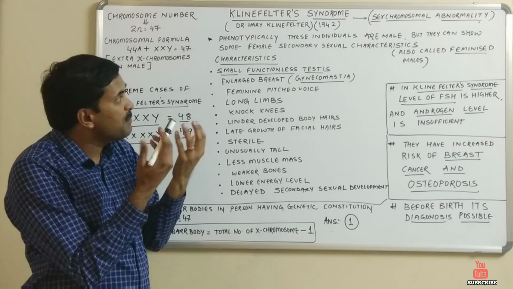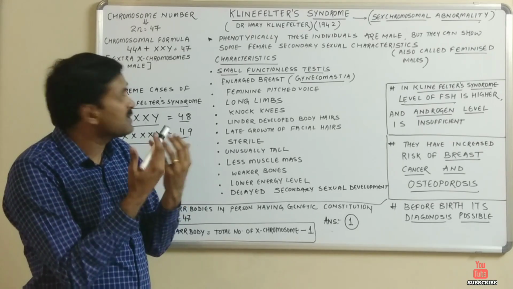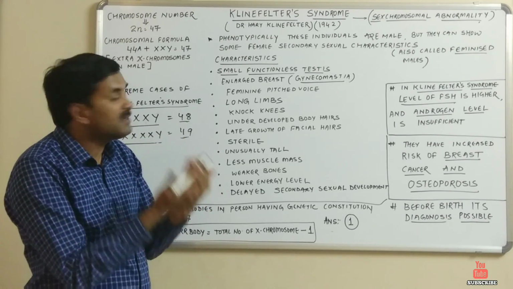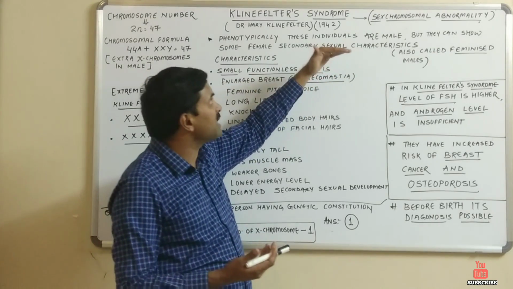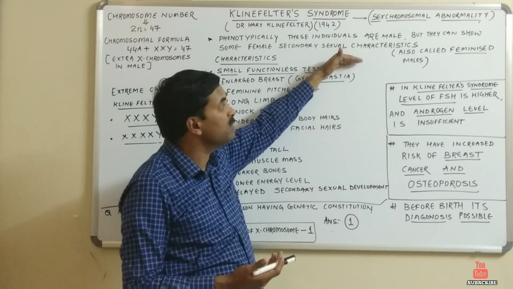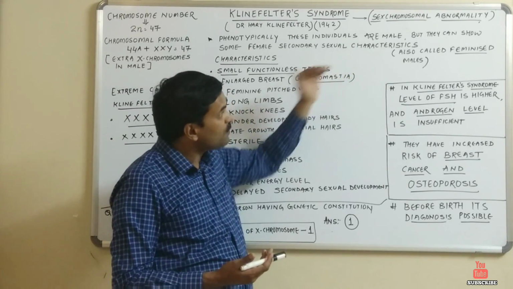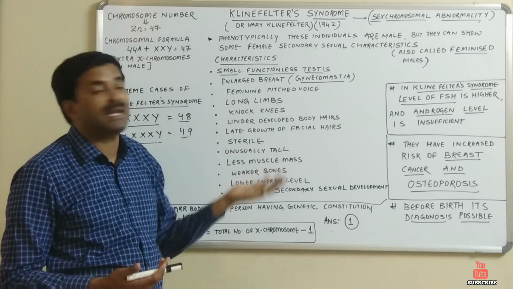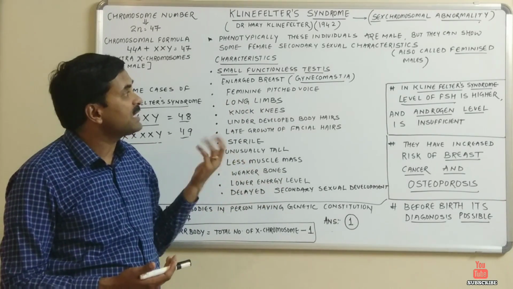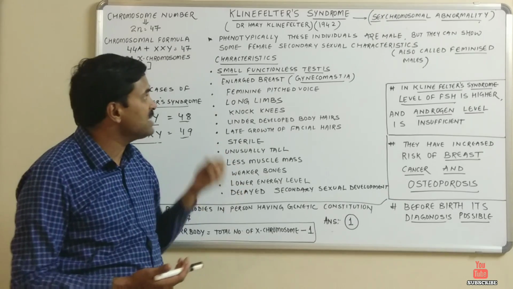Phenotypically they are male, but they show some feminine secondary sexual characteristics. That's why these males suffering from Klinefelter syndrome can also be called feminized males. Though they are male, they have characteristics of the female.